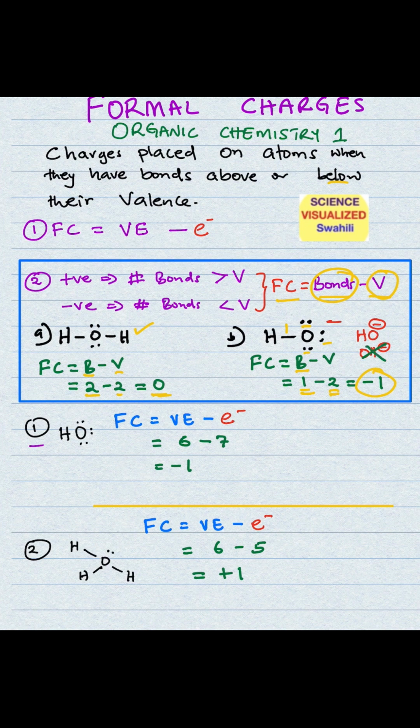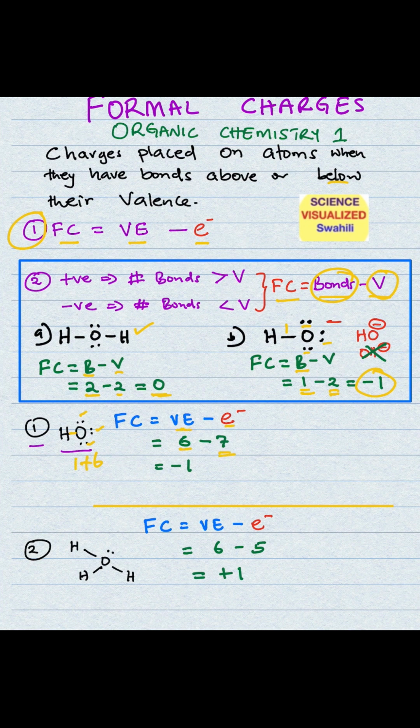Let's look at the next example, where we're looking at hydroxide ion, but now we are applying the first formula: formal charge equals valence electrons minus the number of electrons. For oxygen, the valence electrons are 6, and the number of electrons around this oxygen is 2, 2 and 2, so a total of 6 electrons, plus for each bond, oxygen contributes 1 electron, so plus 1, that gives you 7.